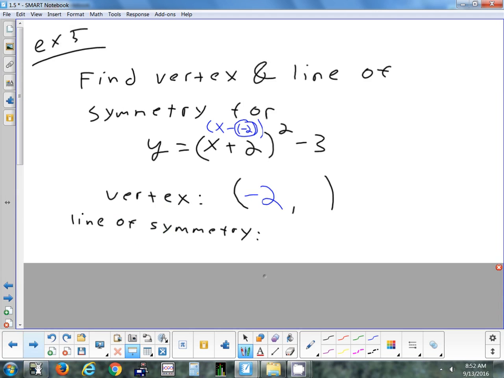So how many total? 2 transformations to change this into that. And the order here matters. Think of PEMDAS. What would you do first here? If you were doing PEMDAS, would you multiply something by 5 after you squared it, or would you add 4 first? You'd multiply by 5. So that's the first transformation we're going to do.